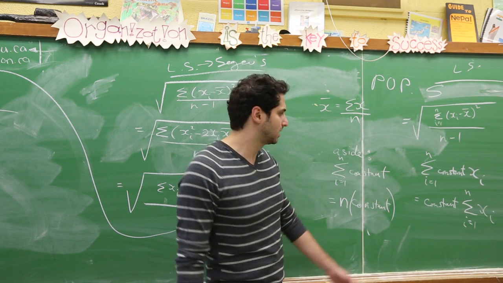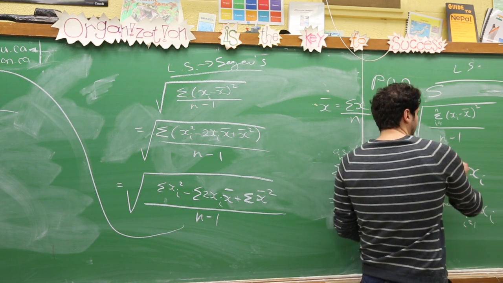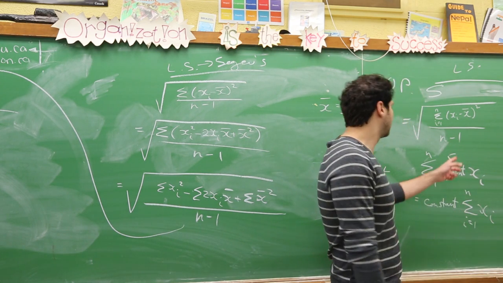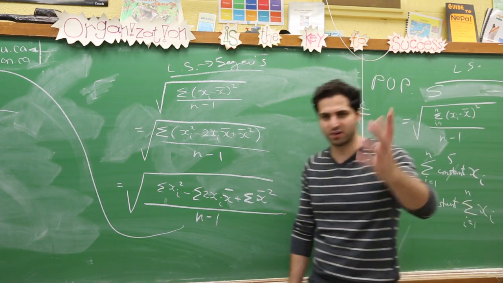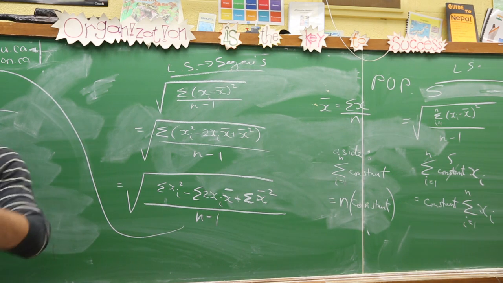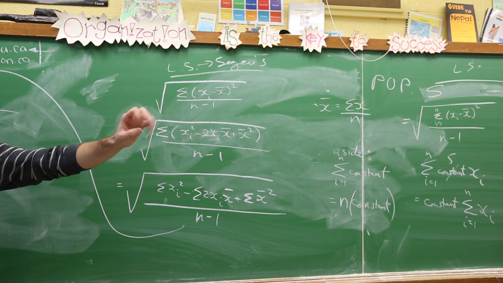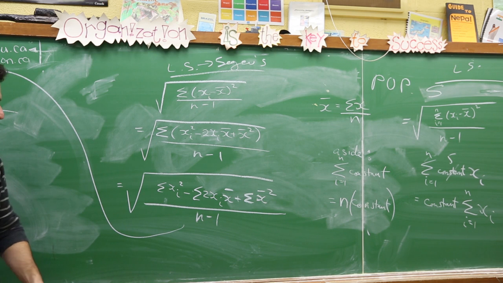Does it make sense? Because let's say the constant is 5. Let's say this is 5xi. You'd have 5x1 plus 5x2 plus 5x3 plus 5x4 plus dot dot dot plus 5xn. You'd have a whole bunch of 5s in each term, so you could just factor out the 5 and just do the sum.